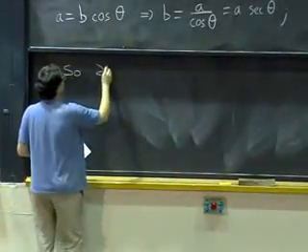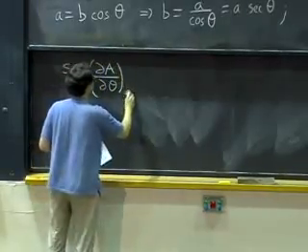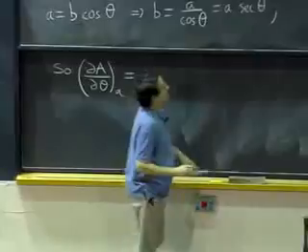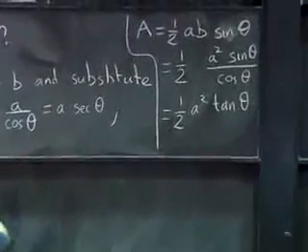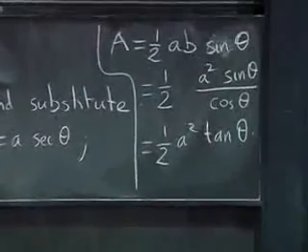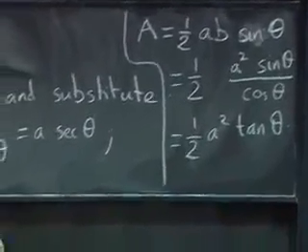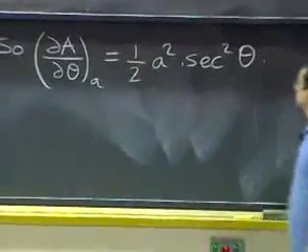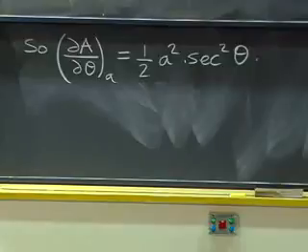So partial A over partial theta with A held constant. Well, if A is a constant, then I get this 1/2 A squared coming out times, what's the derivative of tangent? Secant squared. Very good. If you're European and you've never heard of secant, that's 1 over cosine.